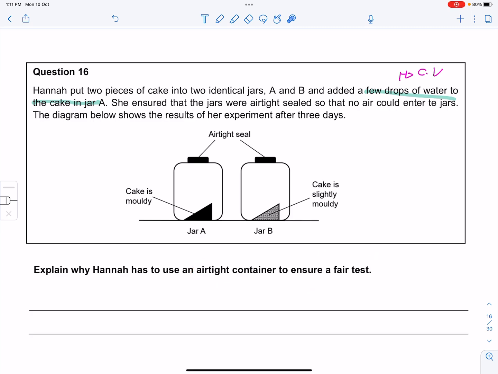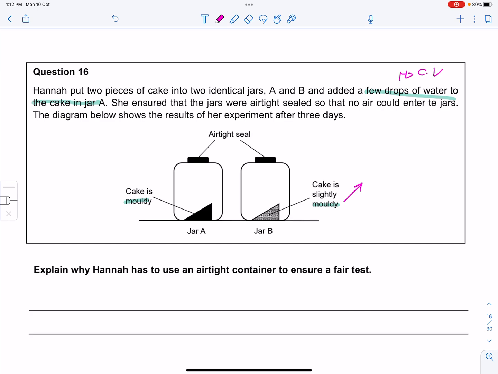Now, this is the case whereby you need to relate to what you've already learned. So some keywords that we think of, moldy and non-moldy. I'm teaching you how to actually narrow down your answers. When it comes to mold, think about the factors that cause mold to grow.